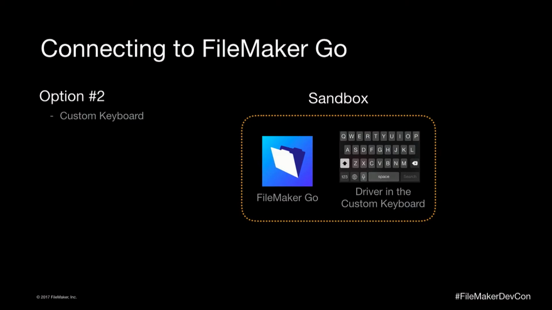Interestingly, this technique is quite similar. Apple allows us to build a custom keyboard, so we can build a keyboard with an embedded driver for our hardware. We can, for example, run the FileMaker Go application, open the keyboard with the embedded driver, and scan directly into any kind of application, including FileMaker Go or WebDirect.